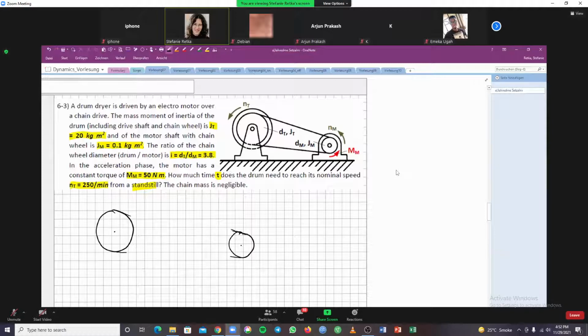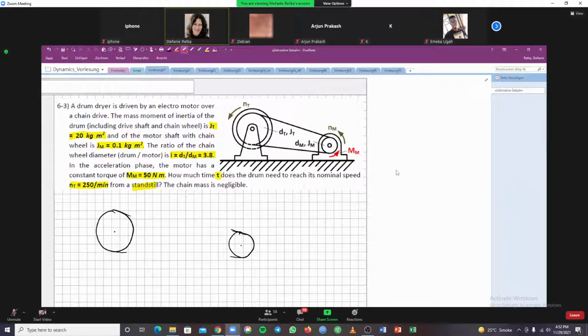Of course, we had to cut through the chain and through the support. Okay, and now we draw, we add all the forces, all the loads acting on the system.